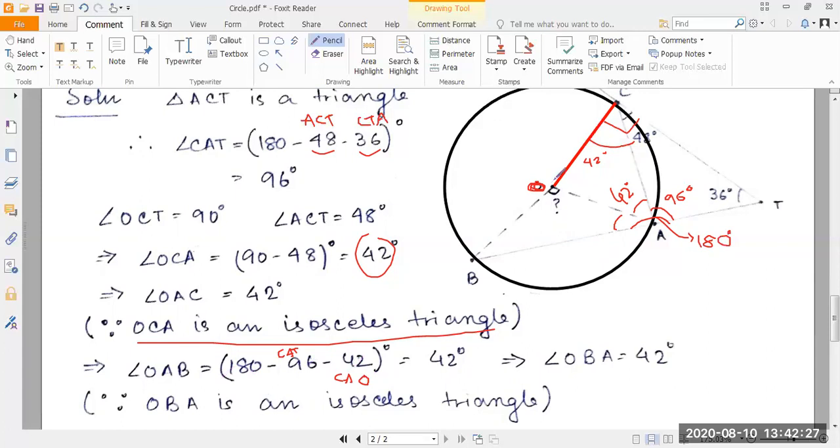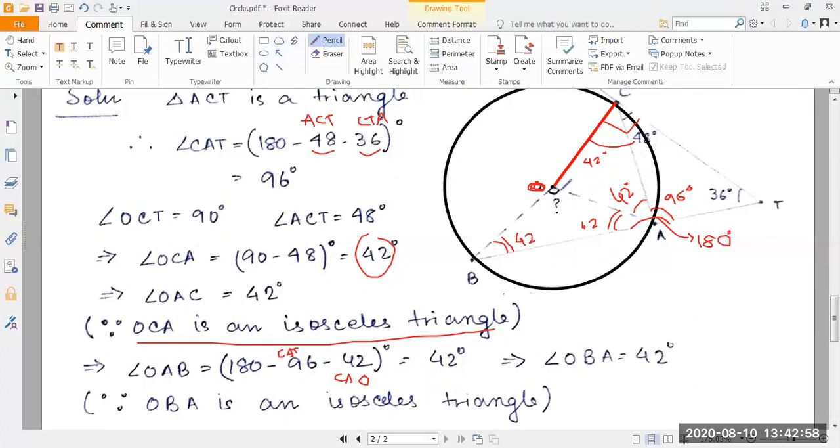Going by the same logic as for triangle OAC, OBA also turns out to be an isosceles triangle because OB equals OA, which is the radius of the circle. And naturally, OAB will also be equal to OBA. So this angle is again equal to this angle. Since we found OAB is 42 degrees, OBA will also be 42 degrees.